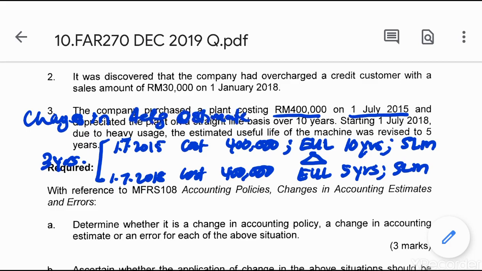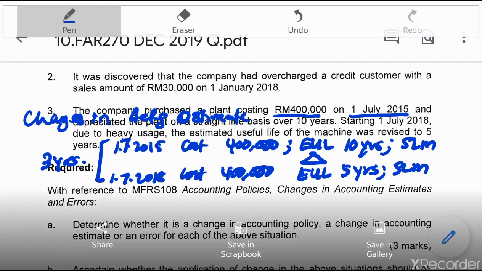For changes in accounting estimates, you do not adjust retrospectively, you adjust prospectively. Adjusting prospectively means applying the change to the useful life from 1st of July 2018 onwards, meaning in 2019, going forward to 2020, until it is fully depreciated.